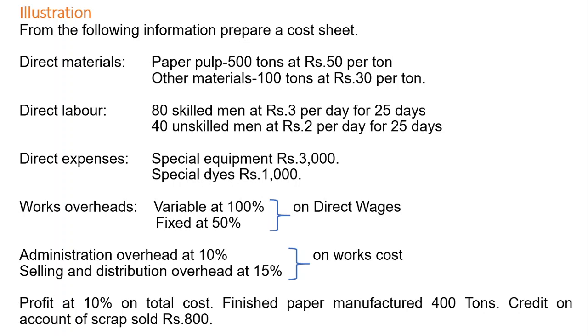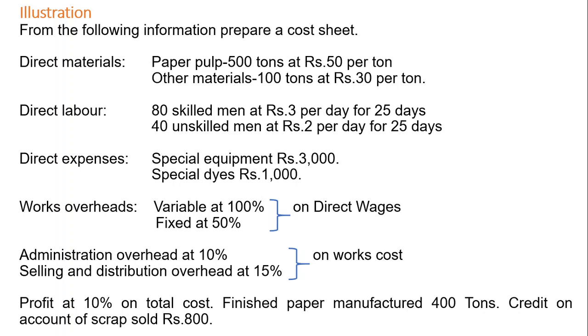So direct materials here in paper manufacturing industry are nothing but paper pulp. A bulk of paper pulp purchased is to be taken as direct materials. So here in this case, 500 tons of paper pulp is purchased at rupees 50 per ton. Instead of units, here it is given as per ton.